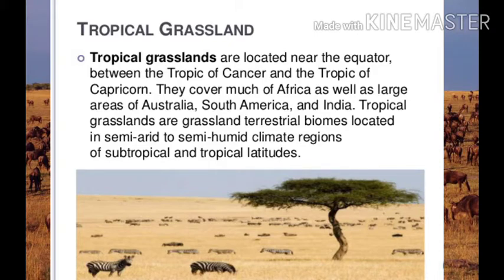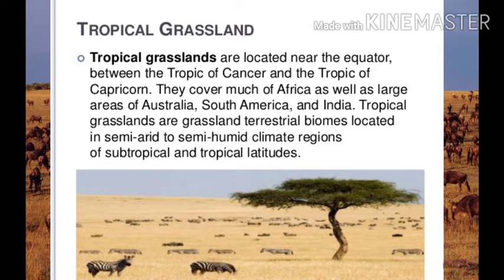Students, many parts of these grasslands are used for grazing or farming, and the grasslands are known by different names in different parts of the world. For example, Campos in Brazil, Argentina and Uruguay.